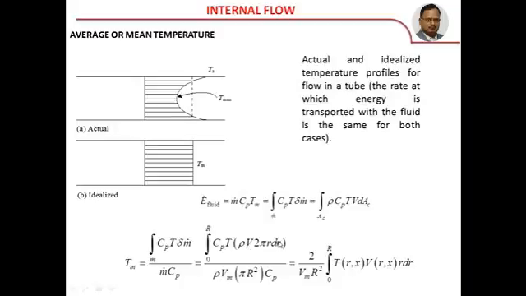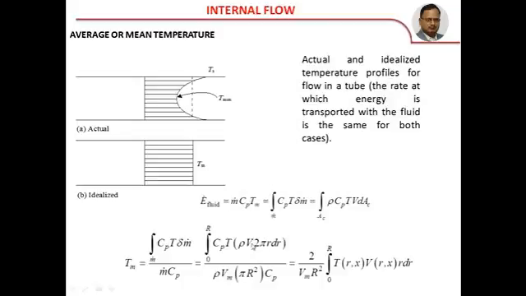So therefore the Tm equal to integral Cp T delta m by m Cp, and this delta m is rho AV, rho into V into area, which is the elemental ring area of thickness dr, 2 pi r dr.